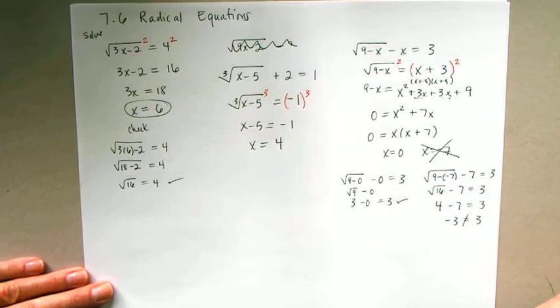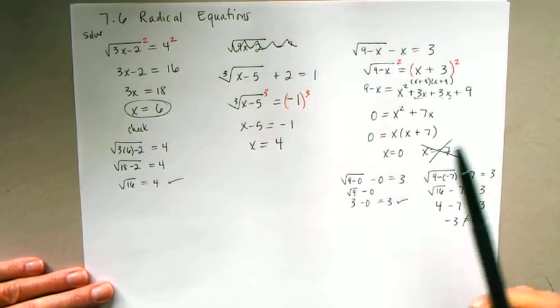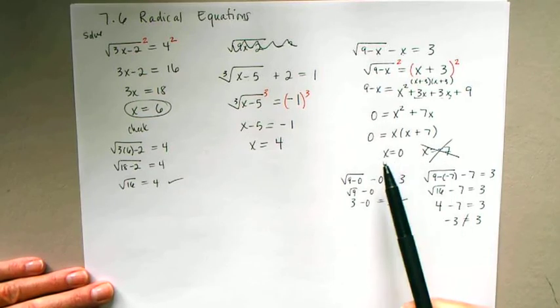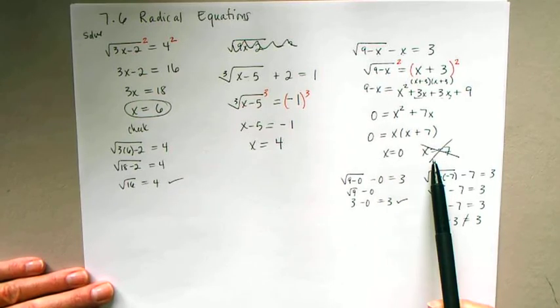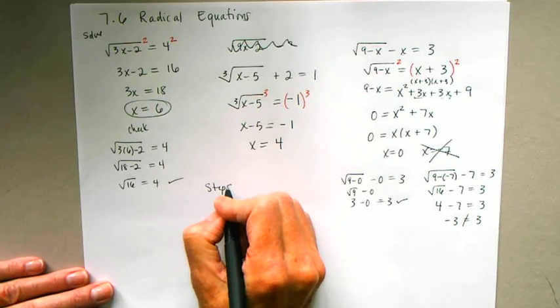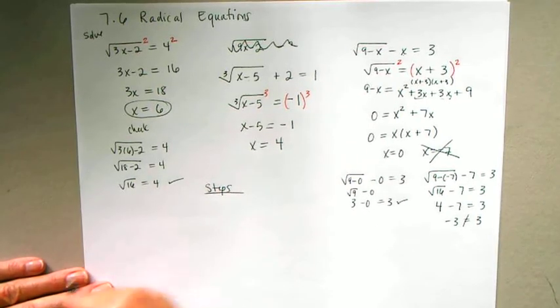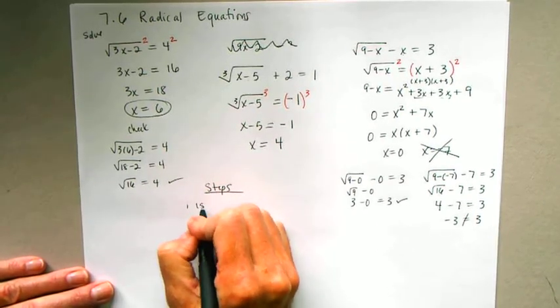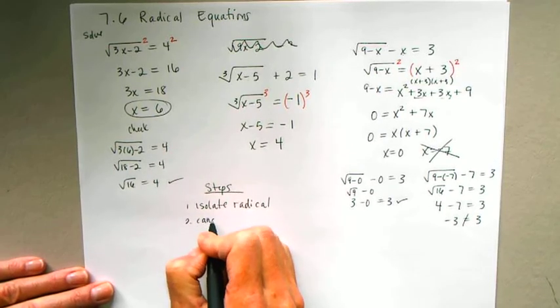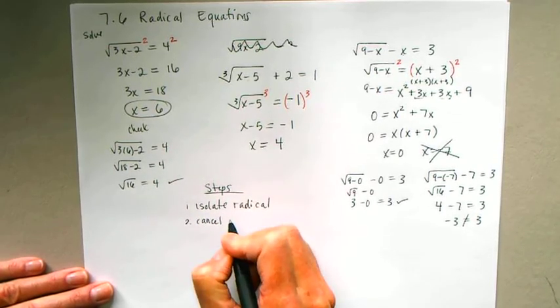So, on a multiple choice test, it's common for them to give you A, both of them, B, 0, C, negative 7, so do them all in your notes. So, first of all, always begin by isolating the radical, then you're going to cancel that root with a power.